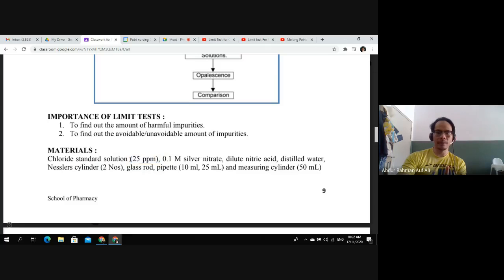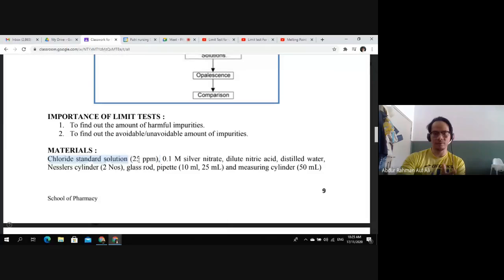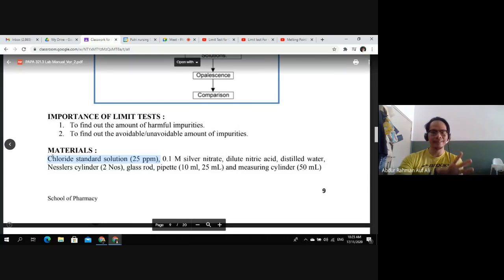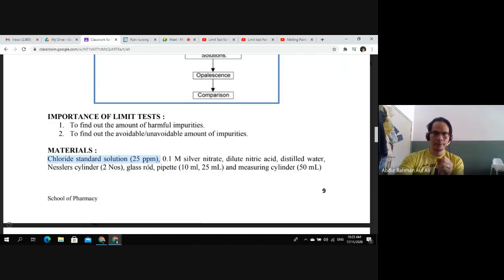So kalau that's the limit lah, kita tak mahu our sample lebih keruh than this, is more than 25 ppm. So that sample fail the test lah. It contains more than the limit. So this is our limit. That's why nama dia limit test. Our standard solution is the limit for the content of chloride. Okay.